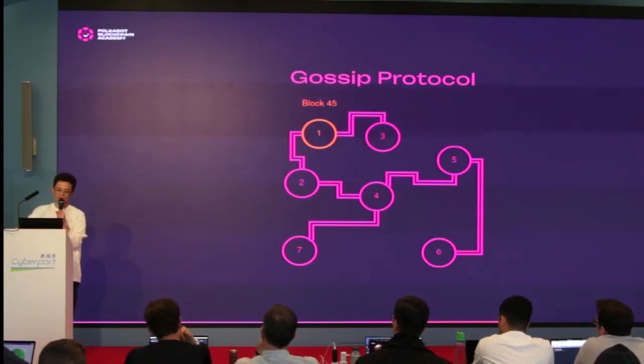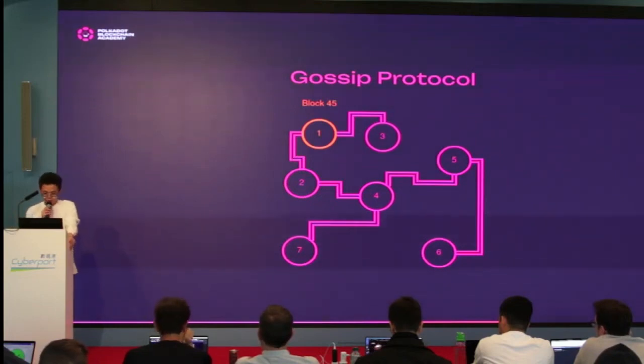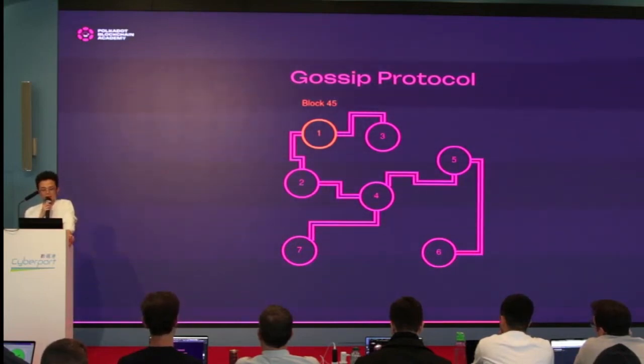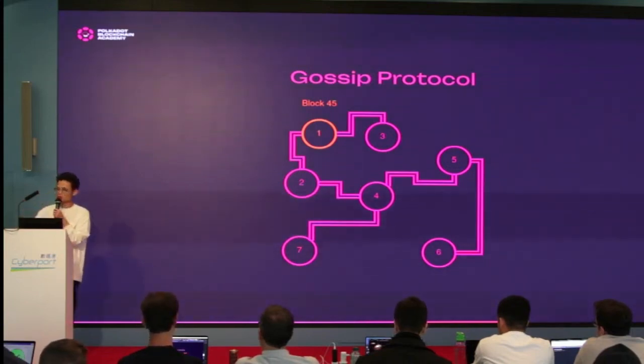And of course, when node 2 has received it, it will send such a block to its neighbors, node 1 and node 4. When such a process is randomized, finally the block can be disseminated all around the network, and the efficiency will be a little bit higher than the naive approach.